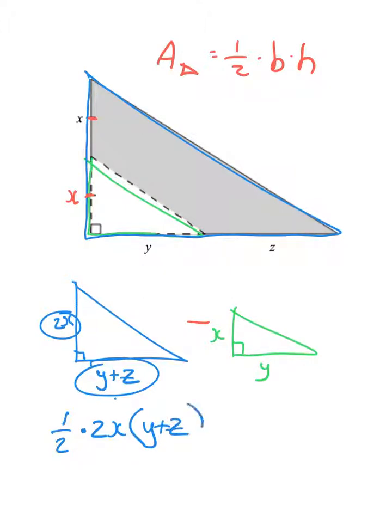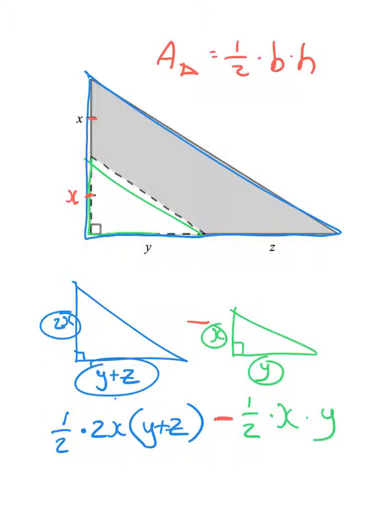Anytime you put something added together into a formula, you need to put parentheses around it. I'm going to subtract from that 1/2 multiplied by x multiplied by y. And I'm going to leave this here.